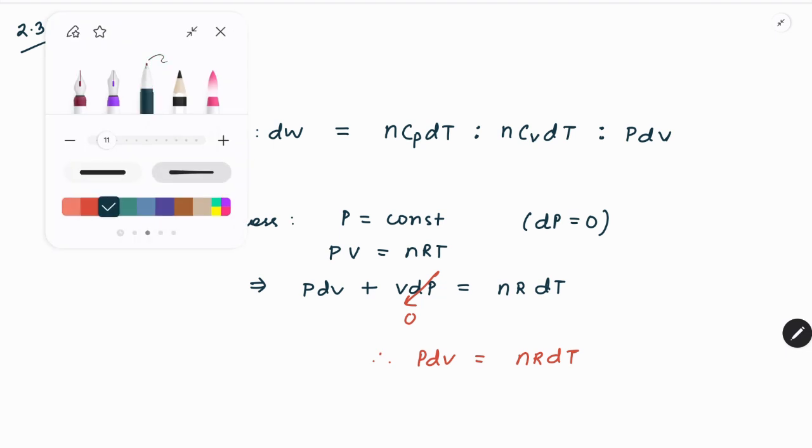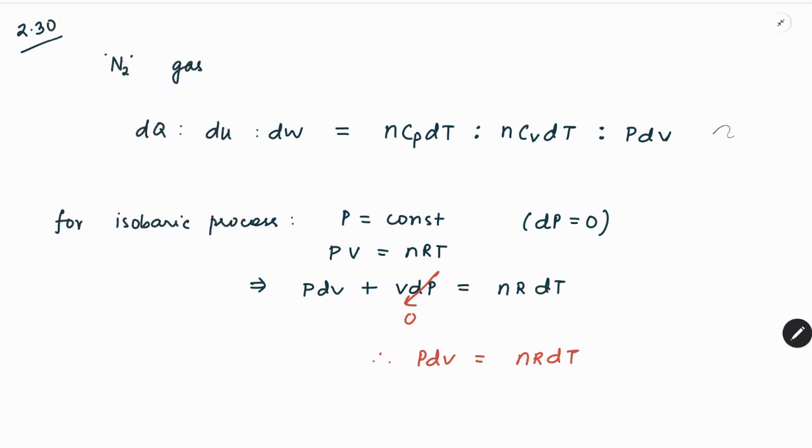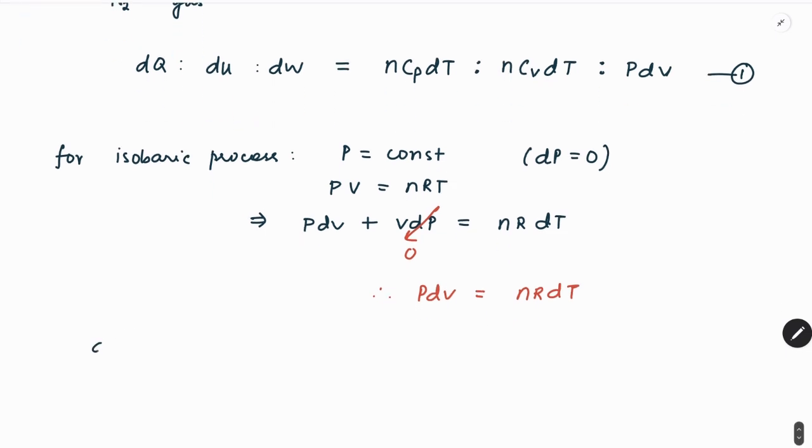So if we use this expression in the first equation, we can rewrite this as dQ is to dU is to dW as n Cp dT is to n Cv dT is to nRdT.